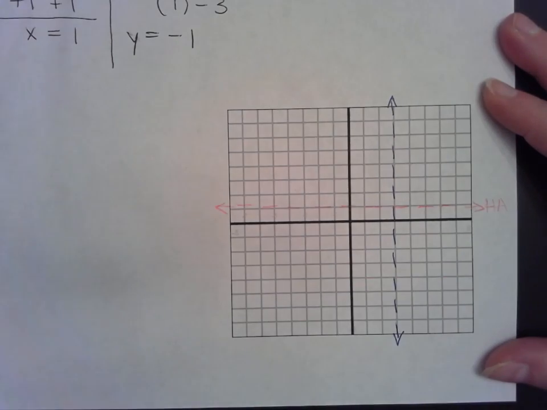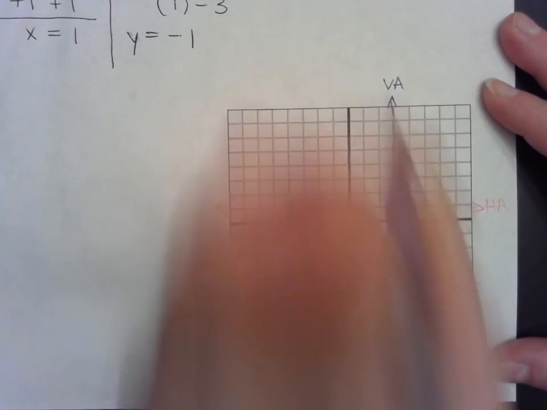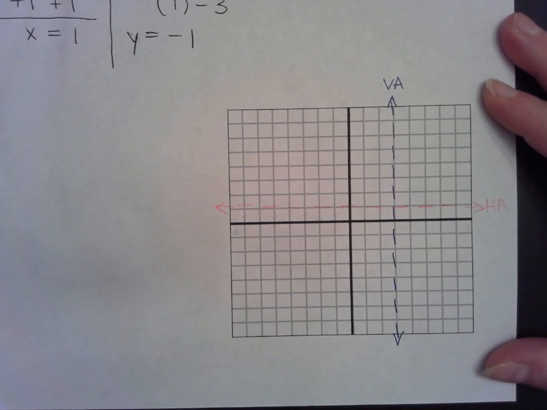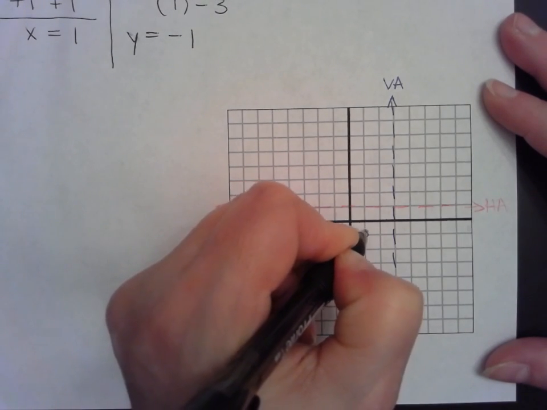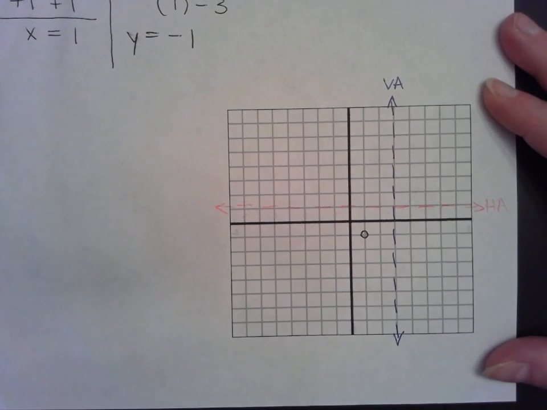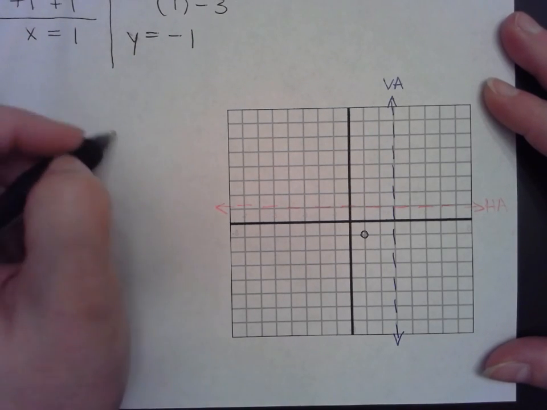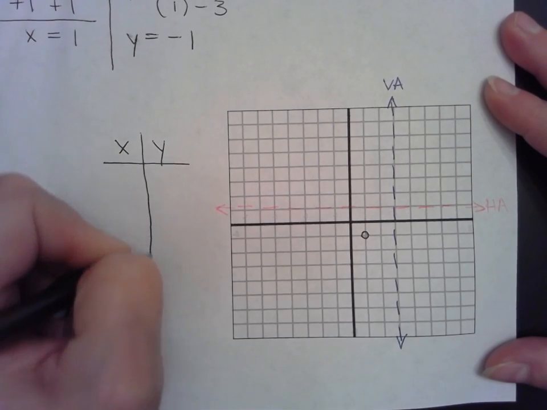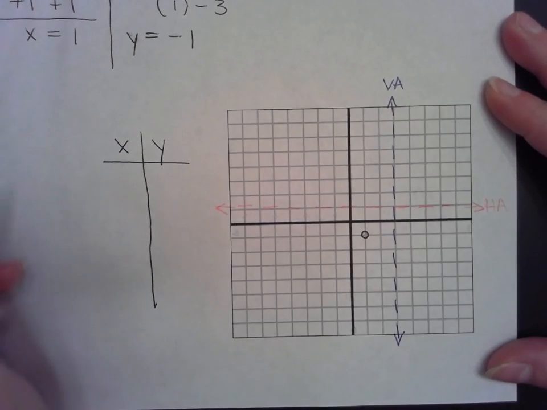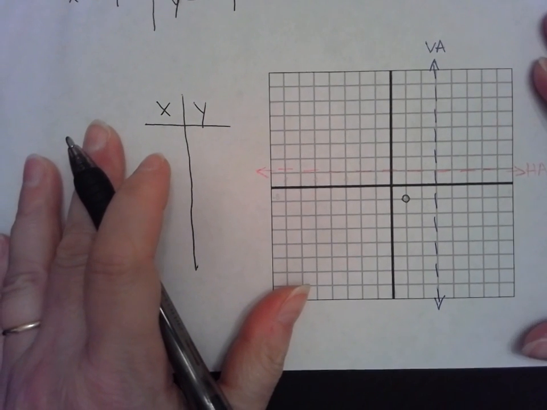And then I have my hole at (1, negative 1). (1, negative 1) would be right here. I should also point out the hole is in line with the rest of the curve. It's never going to be like floating out in space somewhere. Okay, so make sure your hole gets connected up with the rest of your graph. It's important.